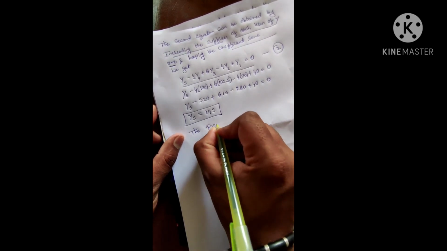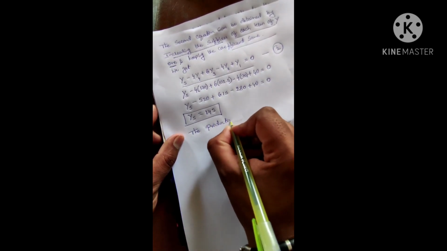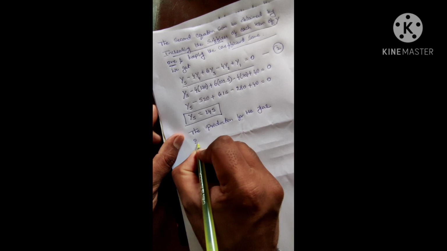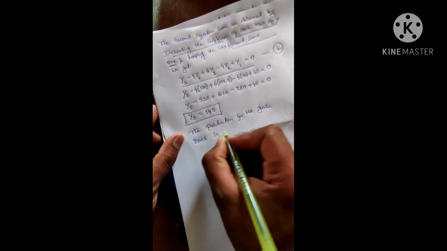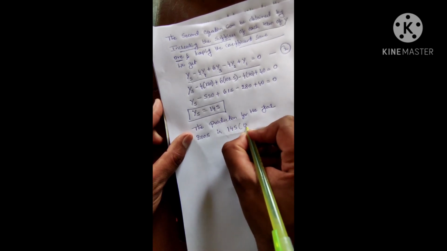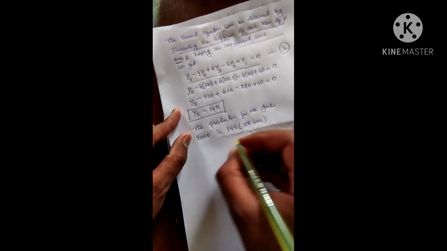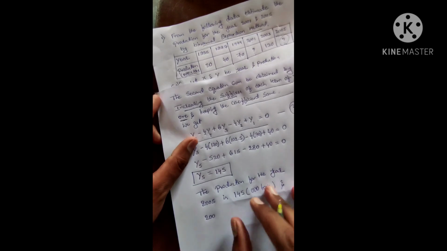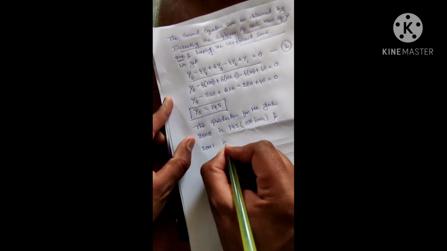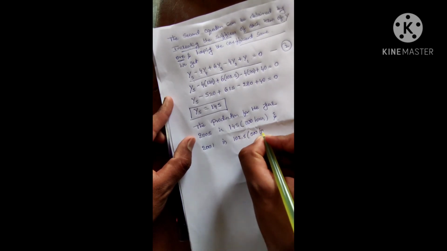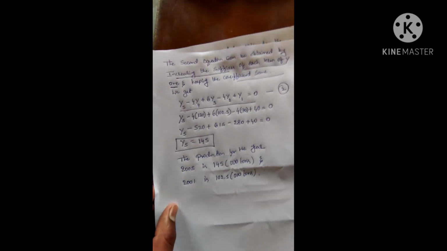The production for the year 2005 is 145 in bracket 1000 tons, and the production of the year 2001 is 102.5 thousand tons. Okay students, this is the way of conclusion.